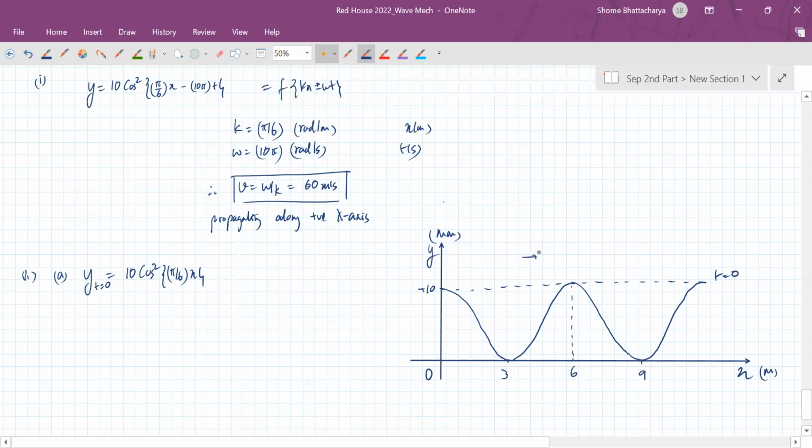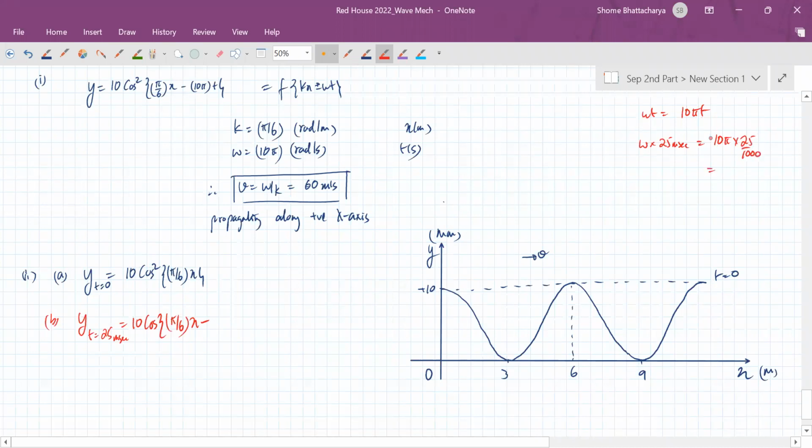Okay. Now, at t equal to 25 milliseconds, you can see this term will become cos square pi by 6x minus. Now, this omega t term is 10 pi into t. So, omega into 25 milliseconds is 10 pi into 25 by 1000.